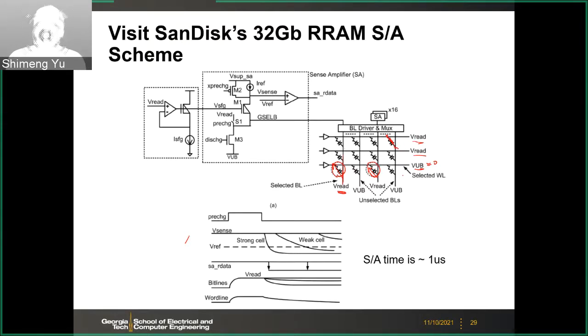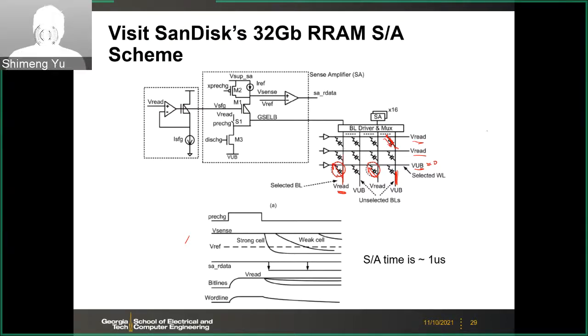But of course, this V read on the bit line will decay over time. So as time goes by, there will be current charged back to the bit line, which is undesired, but with the help of the selector, this chargeback current can be suppressed.